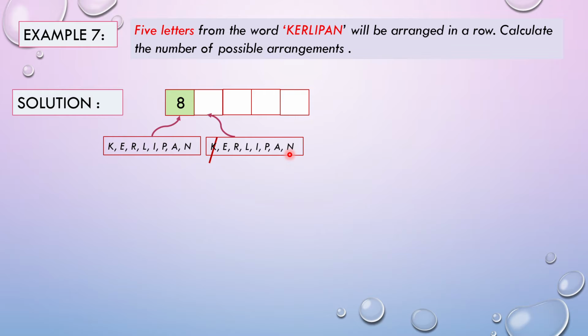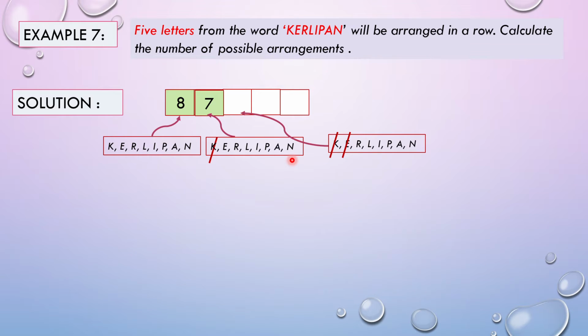Remember, for the first box we have altogether 8 options. I can put letter K in the first box, or letter E, or letter R, and so on until I finish all the letters. So altogether I have 8 options. Once one letter occupies the first box, the remaining for the second box is only 7.